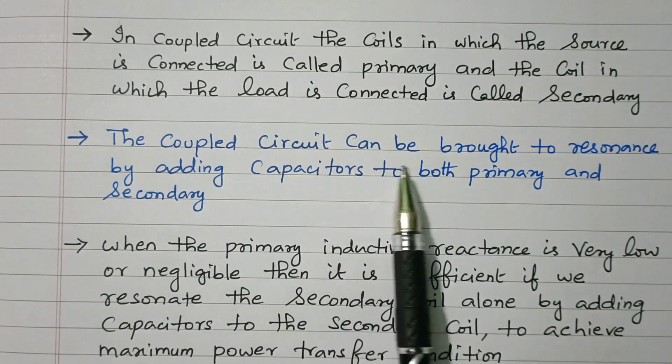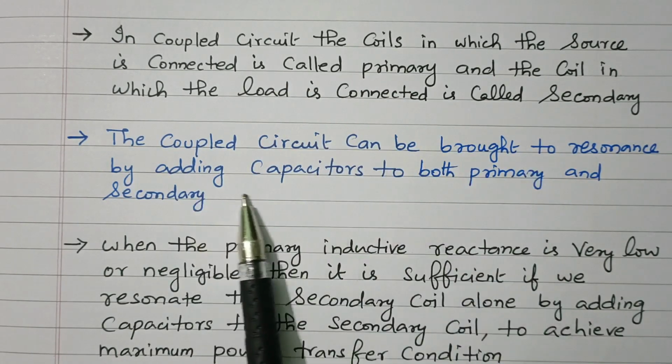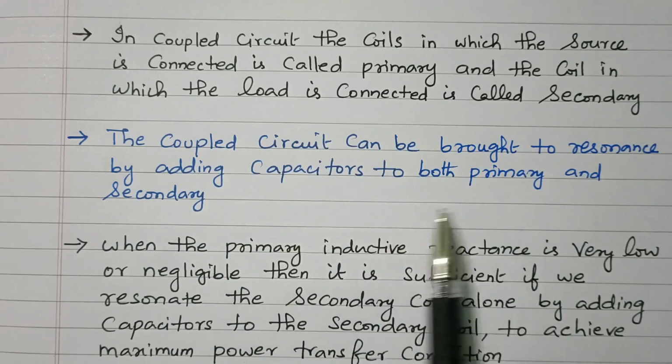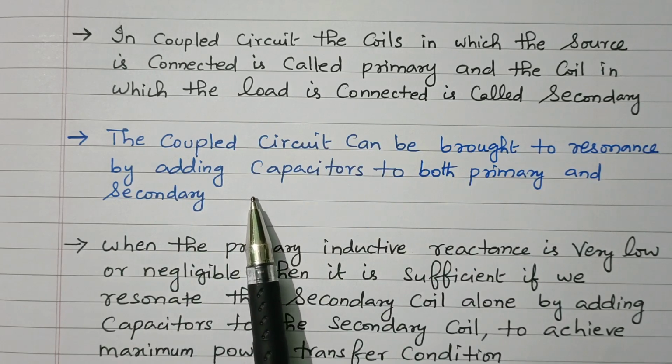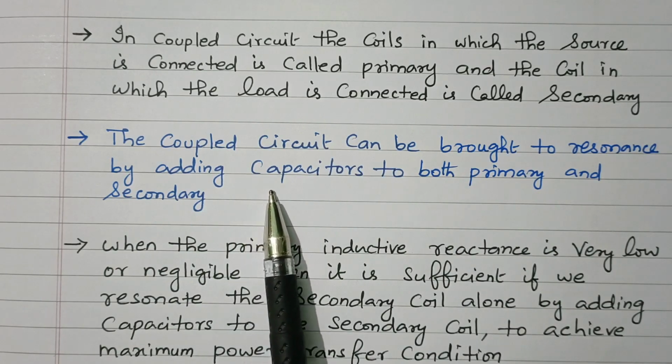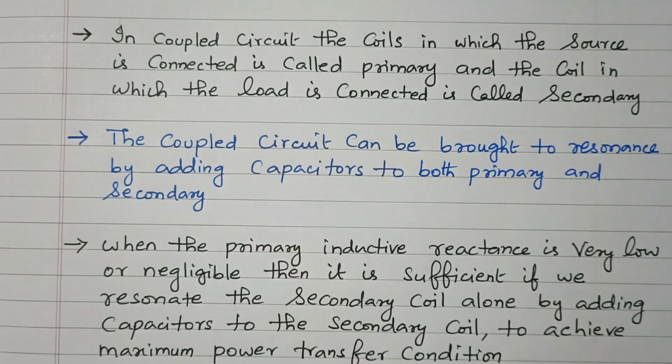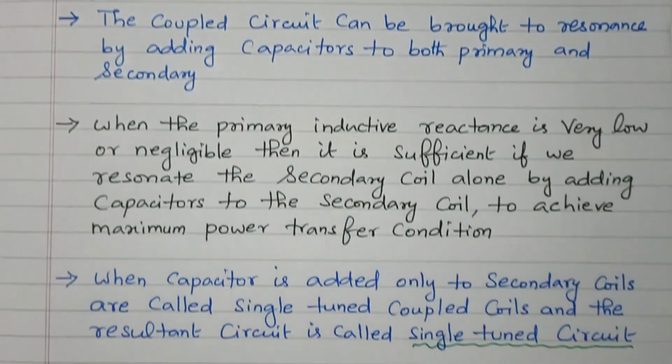The coupled circuit can be brought to resonance by adding capacitors to both primary and secondary. So we know that we need to go for the resonant condition, and that can be done by adding the capacitors on both primary and secondary of the coils.